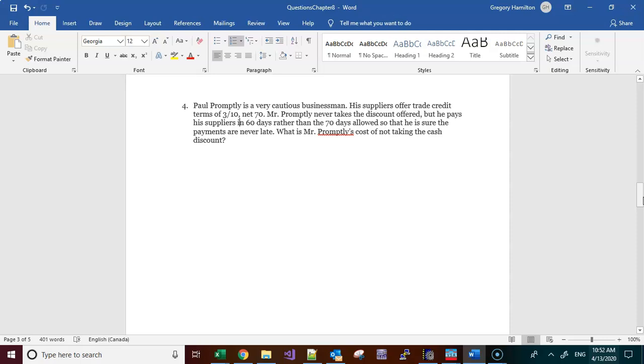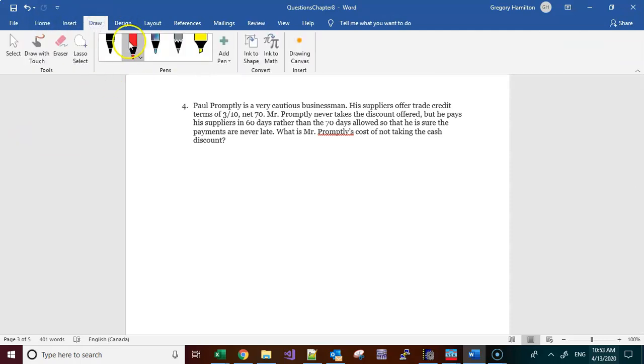So he's not taking the cash discount, right? He has 70 days to pay, but he's not taking the 70 days either. He's not taking the discount, but he is not waiting for the end to pay. He is paying at 60 days. So therefore, his cost of not taking a discount, K, would equal what?